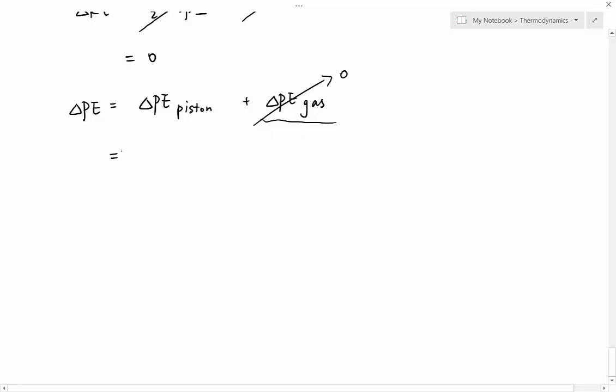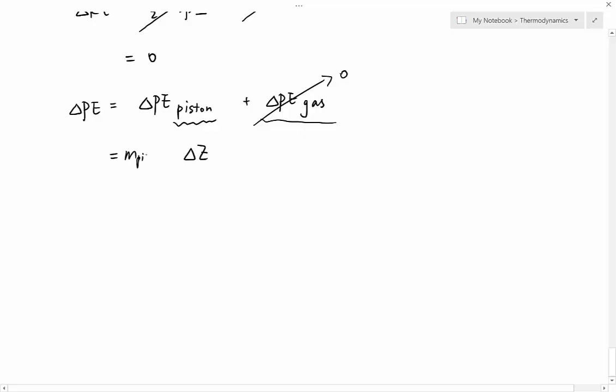How do I look for delta PE of the piston? The change of potential energy is what? Mass times g times the change of the height. So m g delta Z. And what is my mass here? Mass must be the mass of the piston. Okay, let me rewrite it.